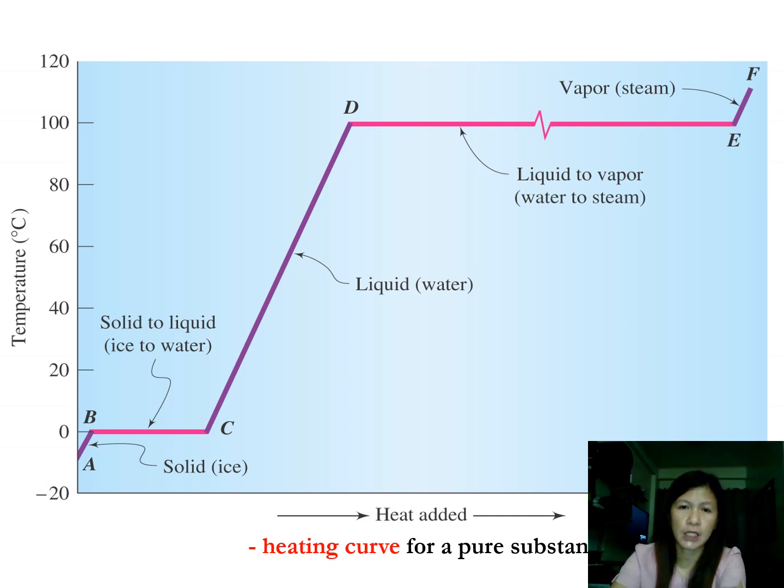What you see here are the temperatures along the y-axis and heat added along the x-axis. So what happens when, let's take water as an example. Water is a commonly used example to illustrate the transformation of matter from one state to another.